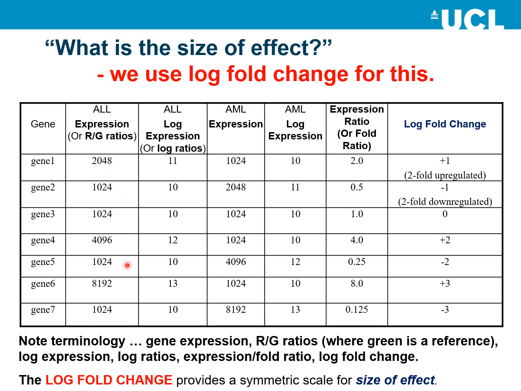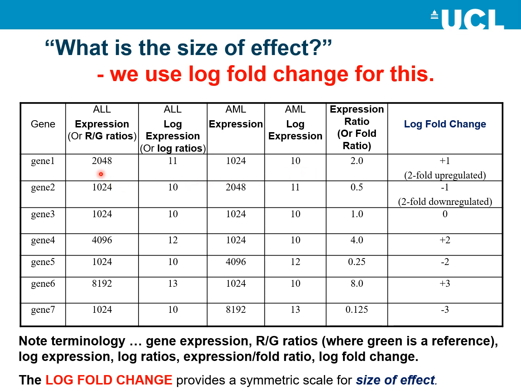This scale is more naturally dealt with in terms of logarithms. So we get log expression, and for microarrays and omics we use base 2 to give a natural range for the bioscience. So for 2048, the log expression is 11, because 2 to the 11 is 2048. This one's 1024, which is 2 to the 10, so the log expression is 10.